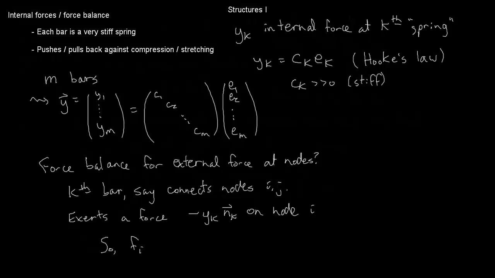So that means that the external force at the ith node has to balance all of the internal forces from all of the bars that are connected to the ith node.